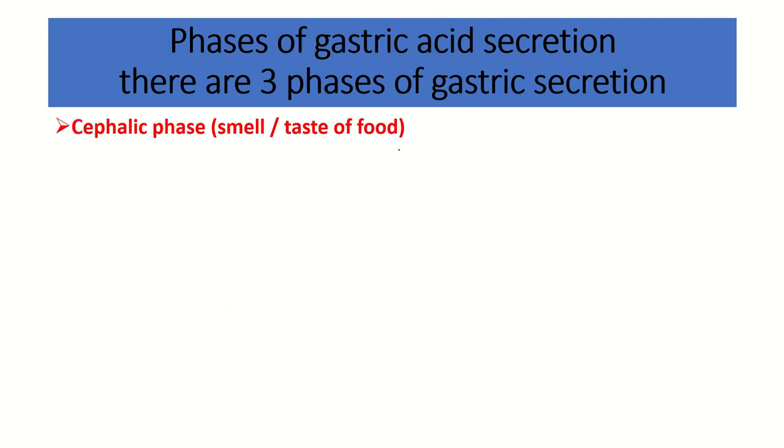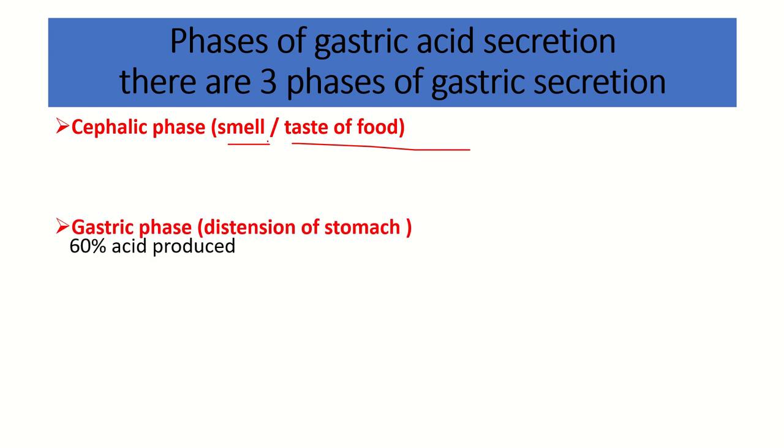First of all, the cephalic phase. This time there is no food material in the stomach, but the smell, taste, or sensation of the food causes secretion of hydrochloric acid in the stomach, about 30%, which is one of the most important parts. Then the gastric phase, when food enters the stomach and causes distension, and this distension stimulates release of hydrochloric acid, about 60% of the total acid.